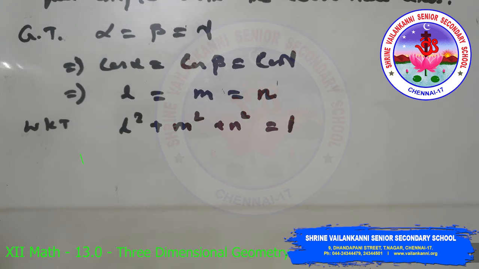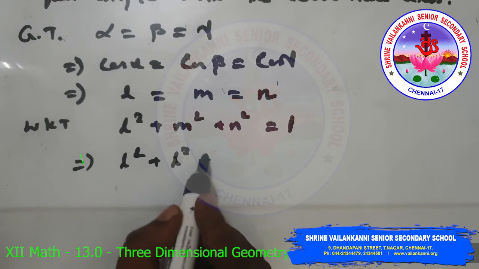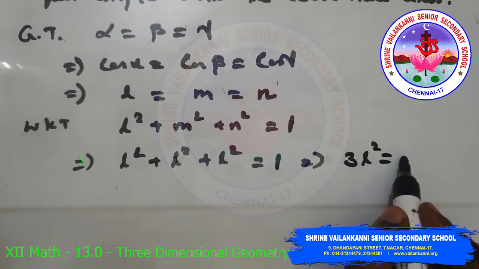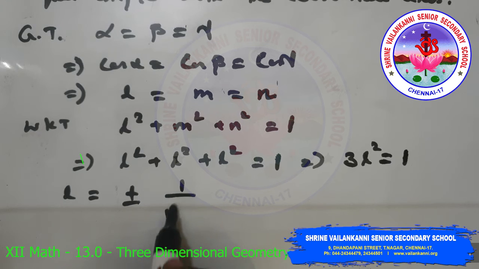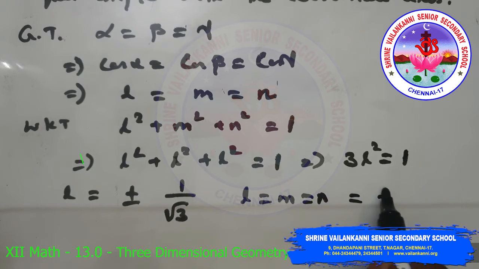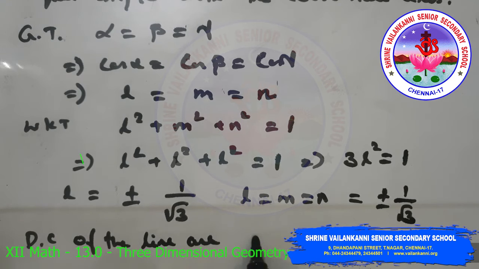Since l equal to m equal to n, we can write l square plus l square plus l square equal to 1. So 3 l square equal to 1, so l equal to plus or minus 1 by root 3. So l equal to m equal to n, which is equal to plus or minus 1 by root 3. So DCs of the line are plus or minus 1 by root 3, plus or minus 1 by root 3, plus or minus 1 by root 3.